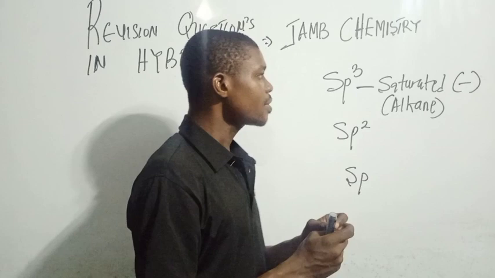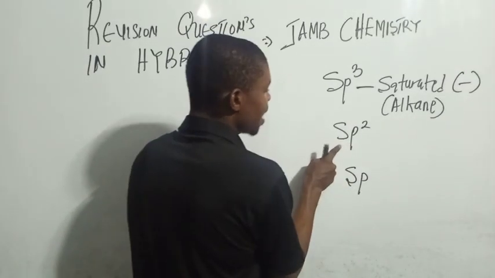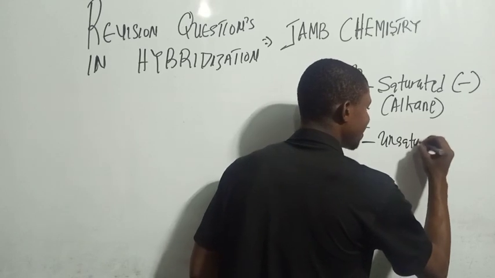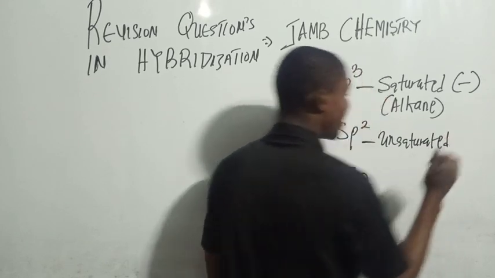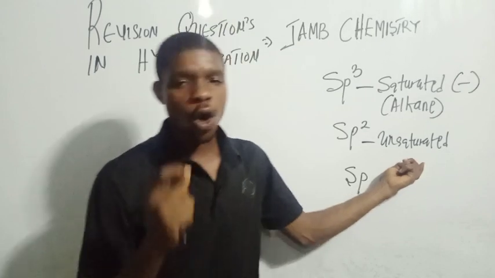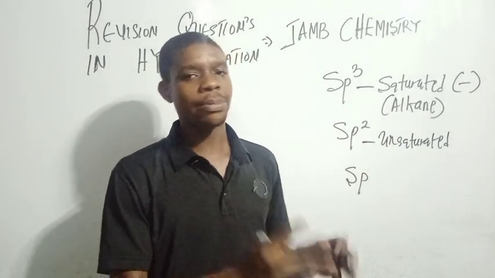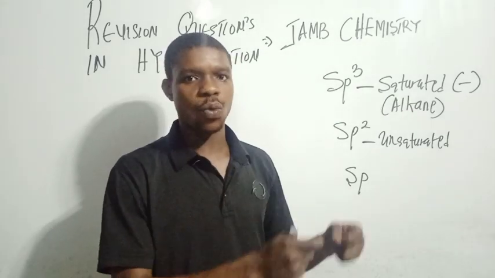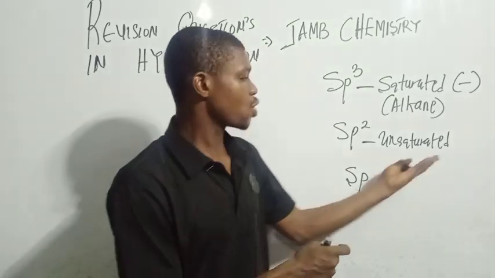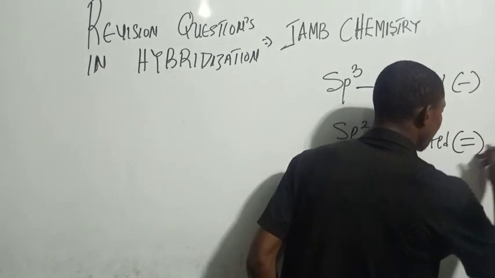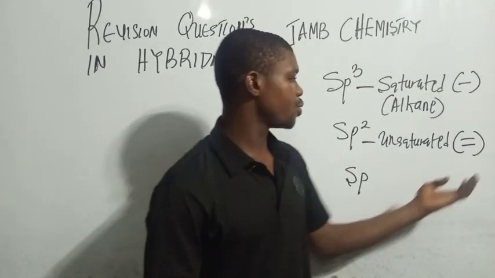Do you get that? Now sp2 is called unsaturated, and there's a reason why it's called unsaturated. That is the reason why I said if you have not watched the complete video on hybridization, you have to watch that video. It's called unsaturated, and it has a double bond.